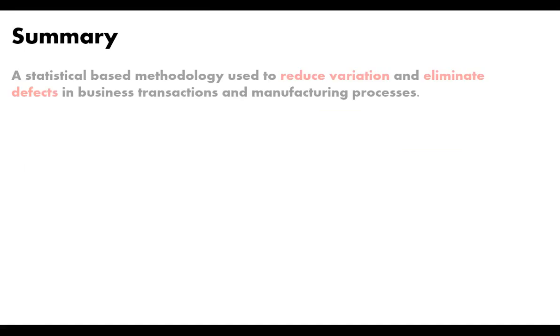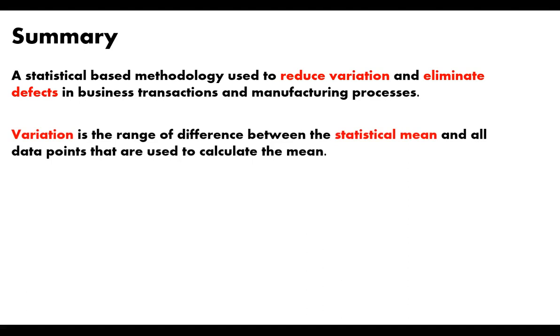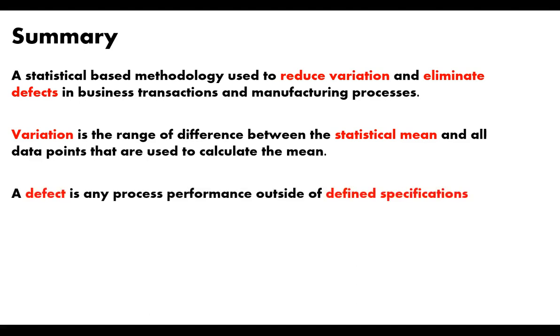So to summarize, here are some of the facts we went over. Six Sigma is a statistical-based methodology used to reduce variation and eliminate defects in business transactions and manufacturing processes. Variation is the range of difference between the statistical mean and all data points that are used to calculate that mean. That was the formula for standard deviation that we looked at.